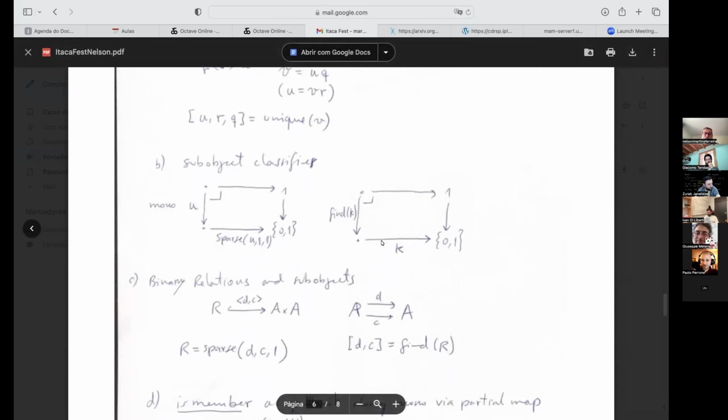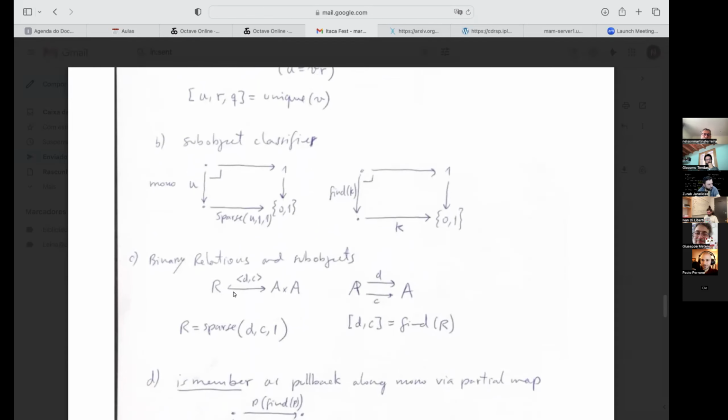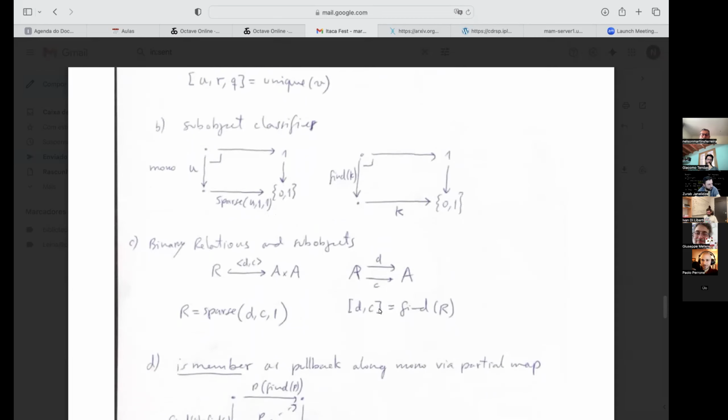This interplay between find and sparse can also be interpreted as moving from a relation as a subobject to a relation as a span or a graph, if it is from A to A. So the signature is like this.